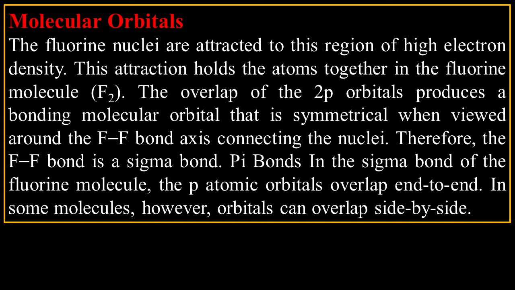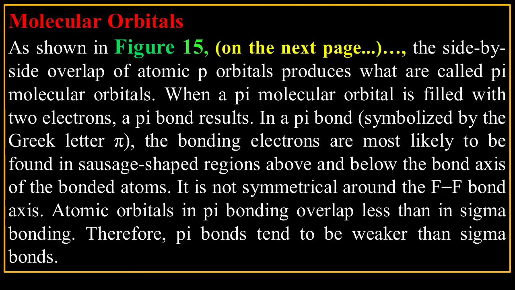molecules. However, orbitals can overlap side by side. As shown in figure 15 on the next page, the side-by-side overlap of atomic p orbitals produces what are called pi molecular orbitals. When a pi molecular orbital is filled with 2 electrons, a pi bond results.